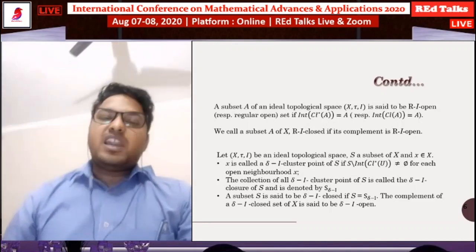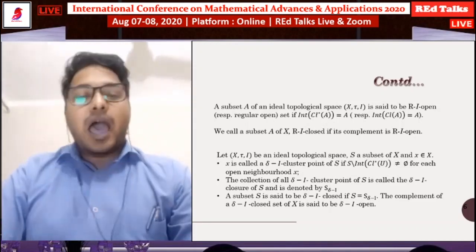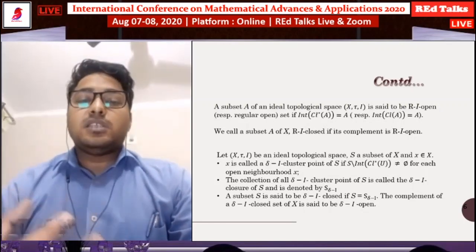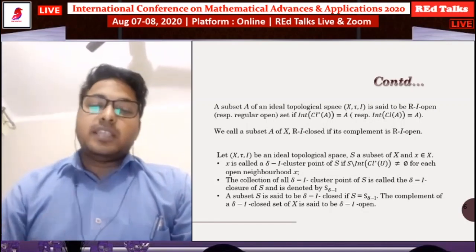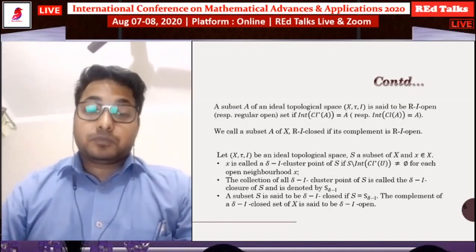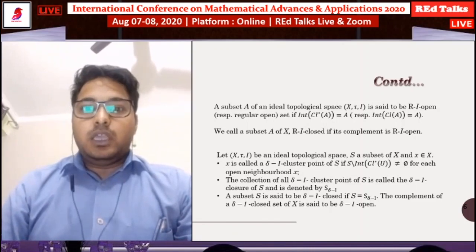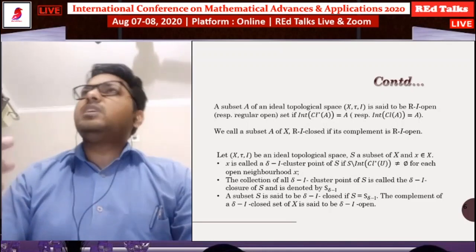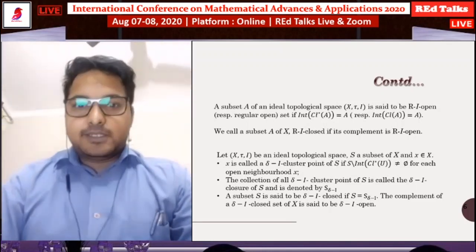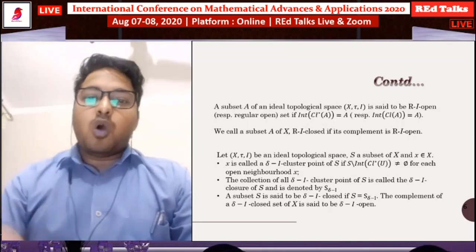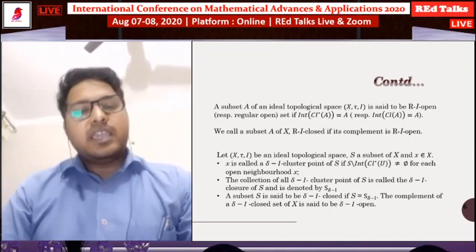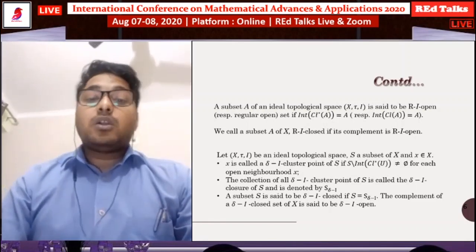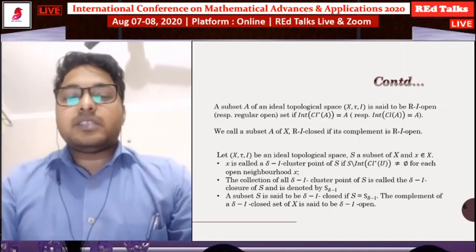Now, when we collect all these delta I cluster points, it forms a new subset which contains the set S, and it is a larger set. It can be seen like closed sets, where the collection of all cluster points forms the closed set. In a similar way, it can be seen as the delta I closure of a set S.